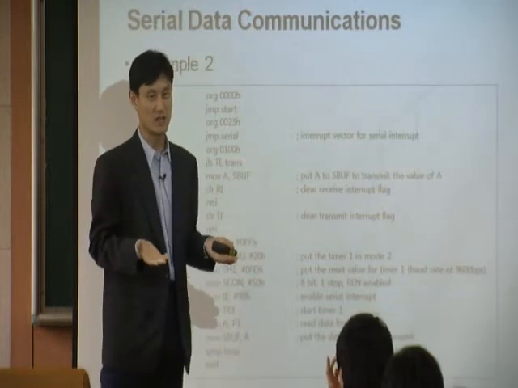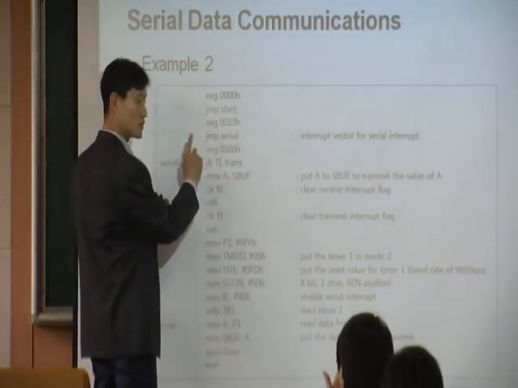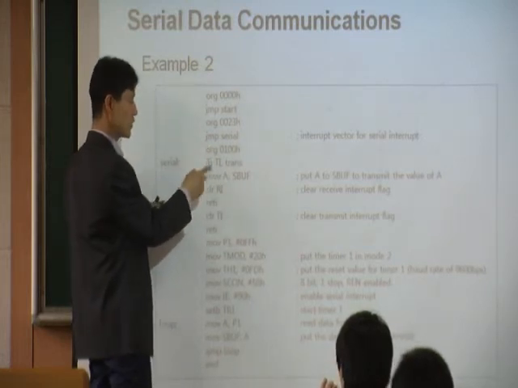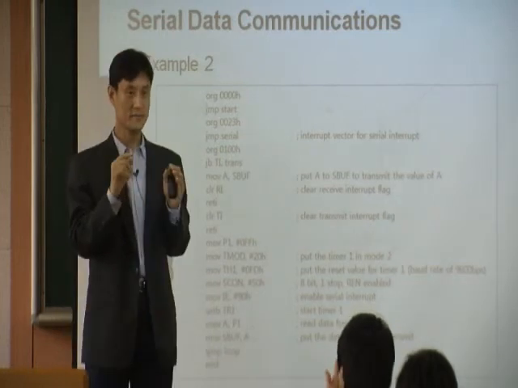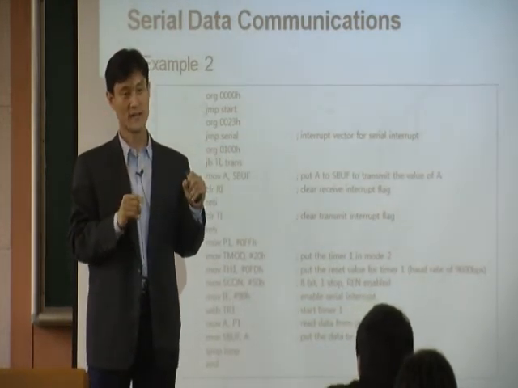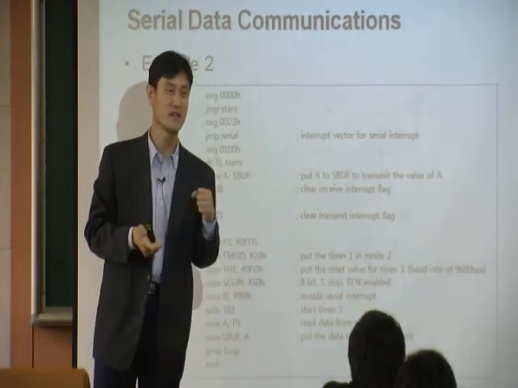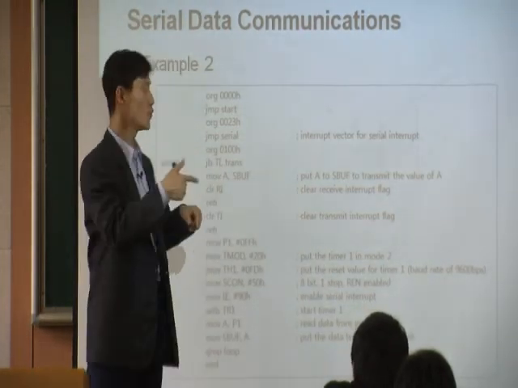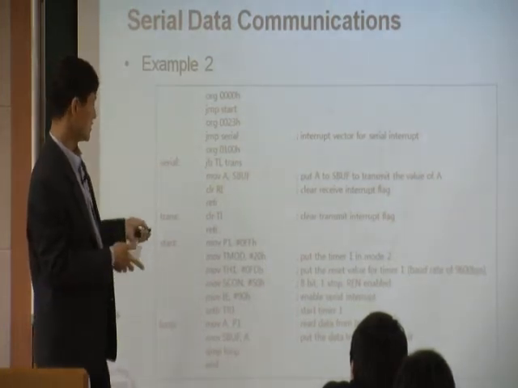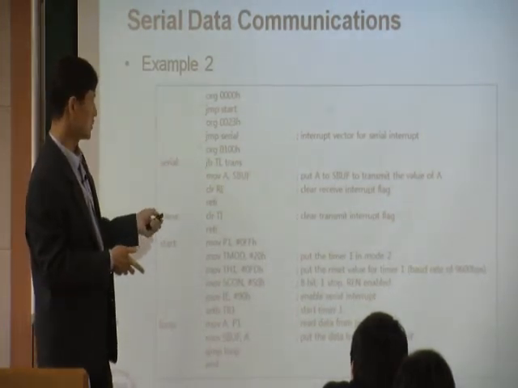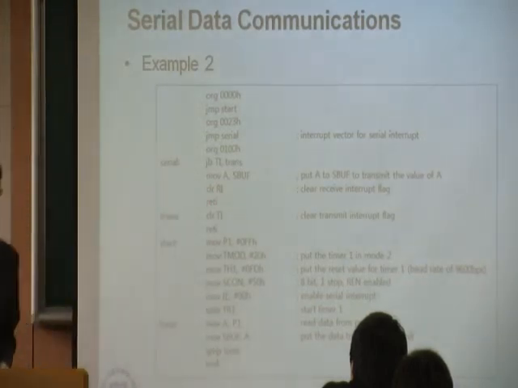So you check whether TI equals 1 first, and if so, you don't have to do anything. But when you have RI equal to 1, it means now it's time to go there and read the SBUF. That's what you want to do inside the interrupt service routine.